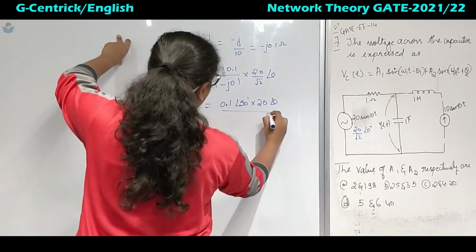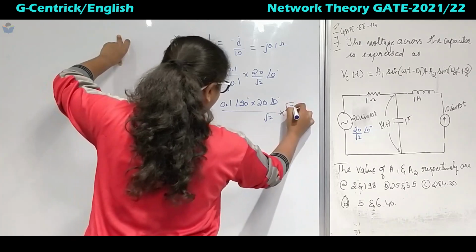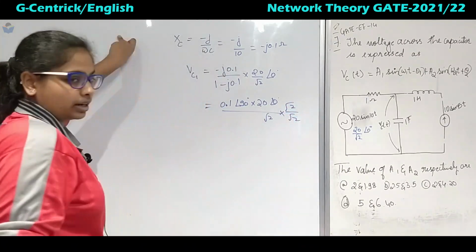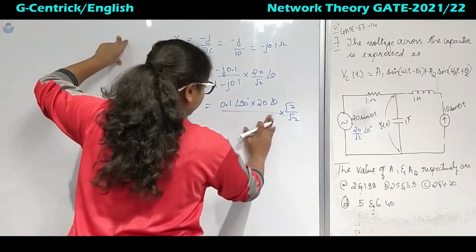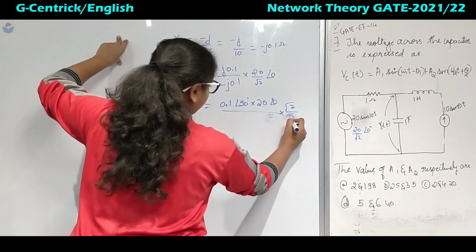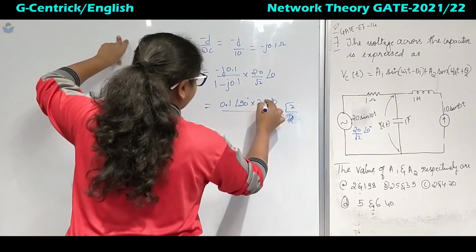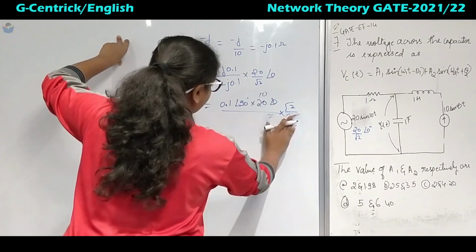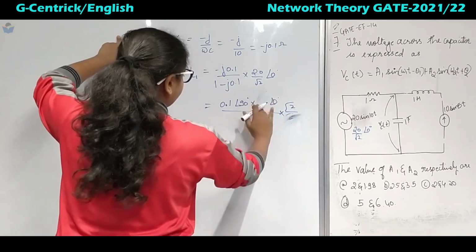Root 2 we will keep as it is and also multiply in numerator and denominator, so it comes out to be just 2. This cancels out with this one, so you will get it here as 10.